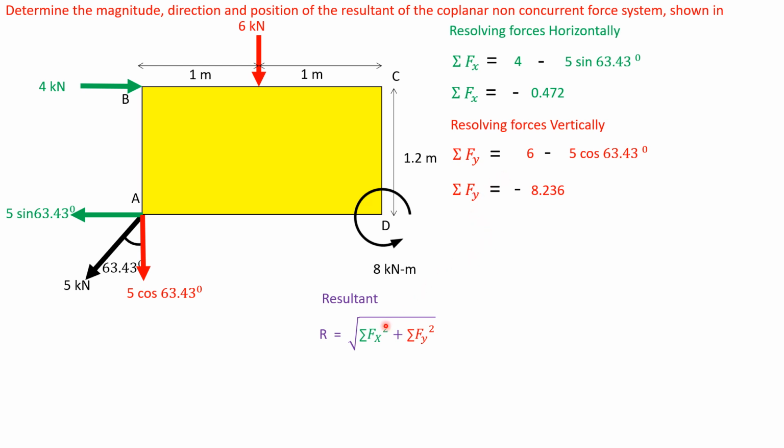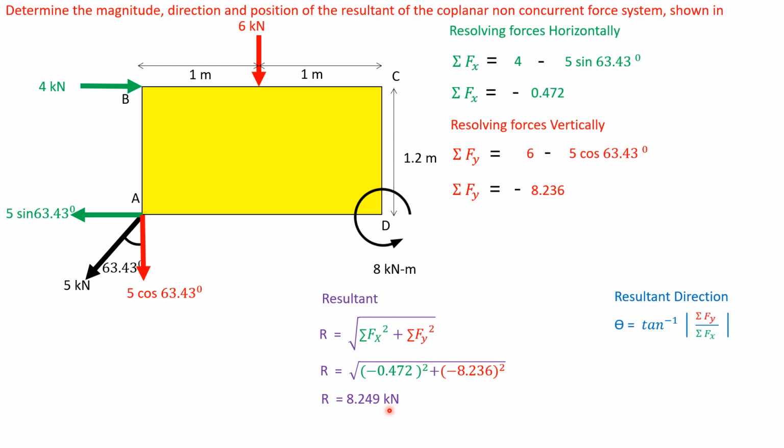Resultant is given by R equal to square root of summation Fx squared plus summation Fy squared. R we get as 8.249 kilonewtons, and resultant direction is given by tan inverse of summation Fy by summation Fx. Theta we get as 86.72 degrees.